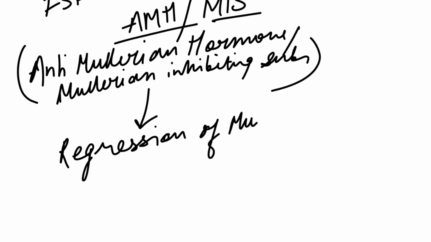the Mullerian duct, the paramesonephric duct, because this paramesonephric duct is responsible for producing the female reproductive tract.